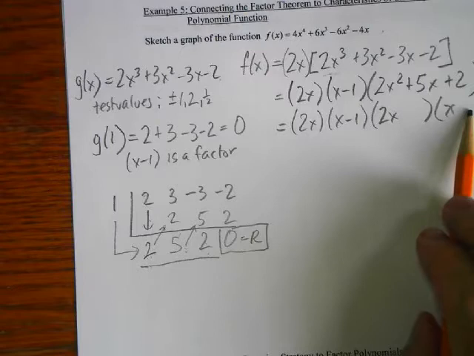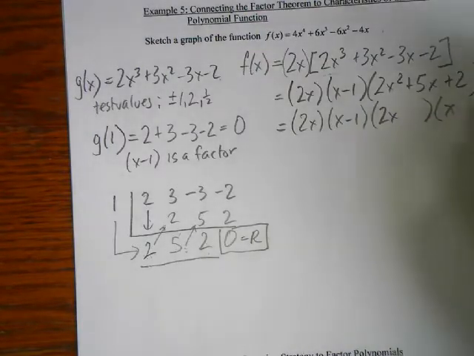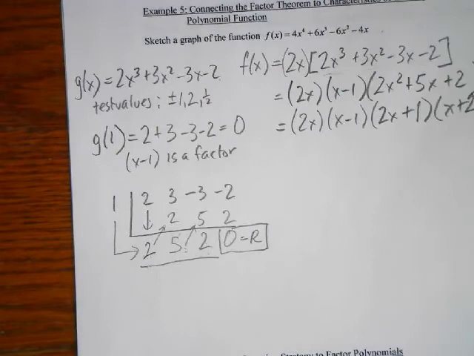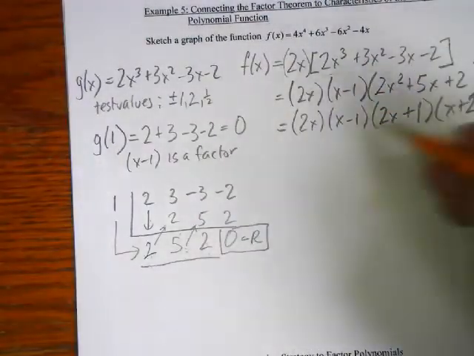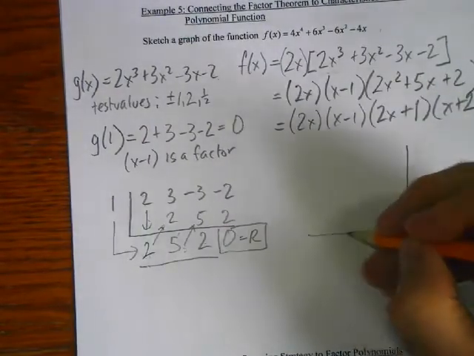So if I put a 2 there, I'll get a 4x. If I put a 1 there, I'll get an x. So that sounds like a plan. So put the 2 there, the 1 there, and there's our remaining factors. So this is the factored version of f of x, and now we do the sketch like they asked for.